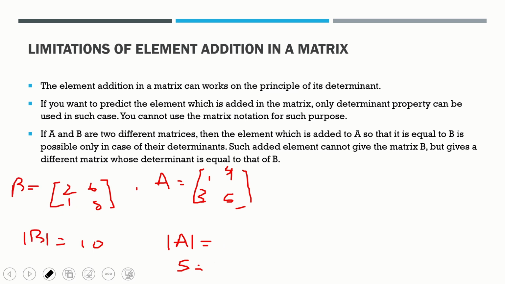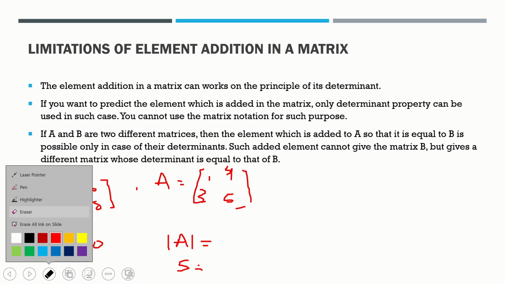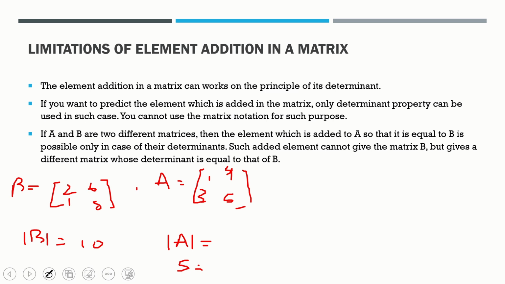Actually your s from the previous example came as 0, so you cannot predict the x value. That's why I'm taking another case. This is 5, this is minus 7 and this is minus 1.